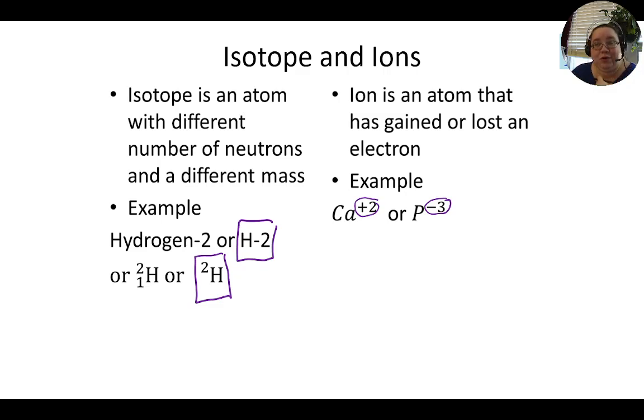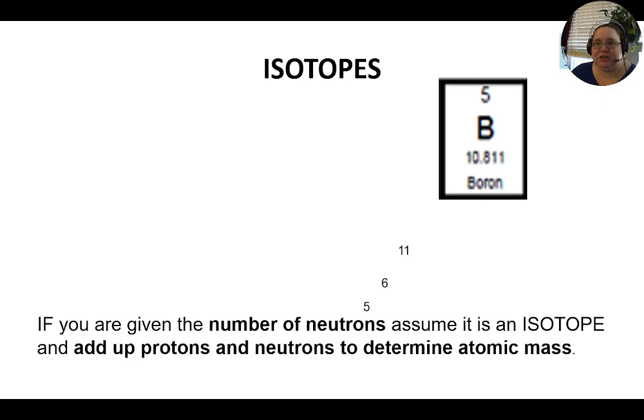So if I put more on me, I'm going to be negative. If I give some away, I'm going to be positive. Now, the way we determine protons, neutrons, and electrons for isotopes and ions is really similar to normal atoms. Protons is always the same. Protons is atomic number. Electrons get a little tricky. We're going to look at some specific examples, but I am starting with isotopes.